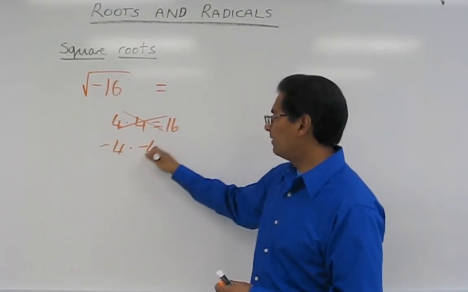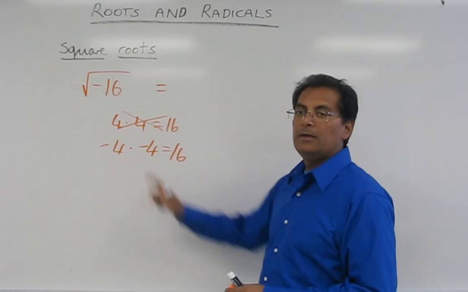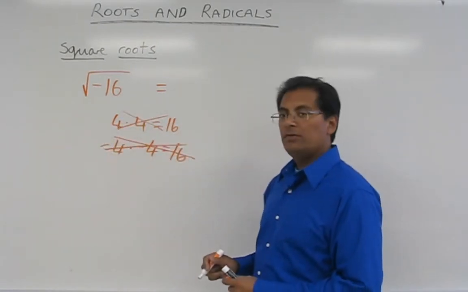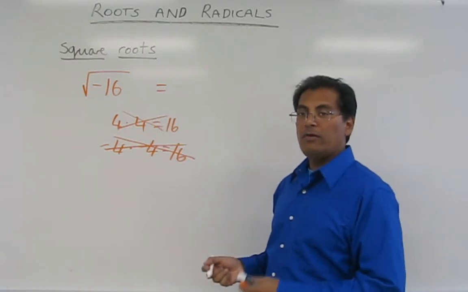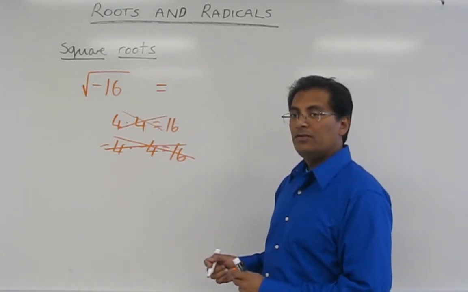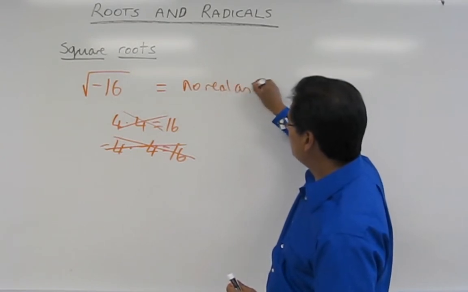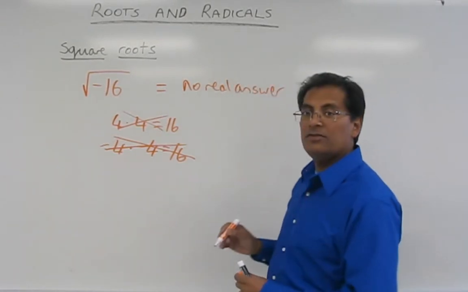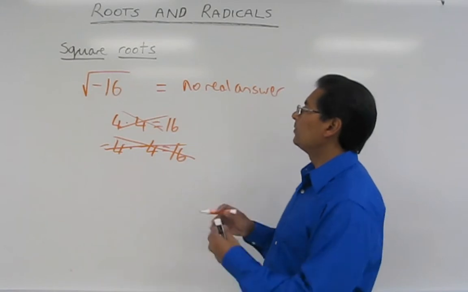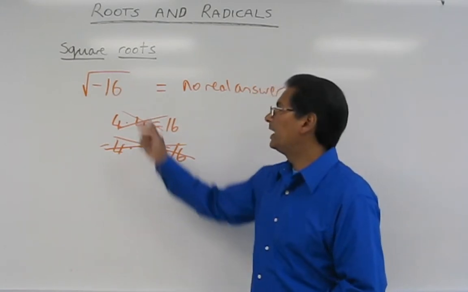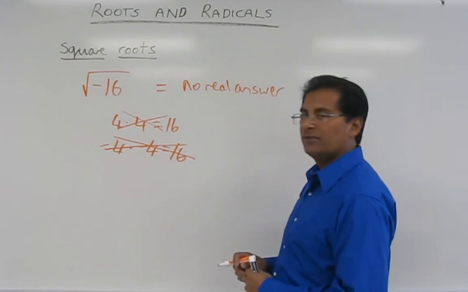Well, negative 4 times negative 4 also gives me 16, but I want negative 16, so that doesn't work. So the truth is that you cannot square root a negative number, so this has no real answer. And the reason is because any number when we multiply by itself is always going to give me a positive number. So we can't square root negative answers.